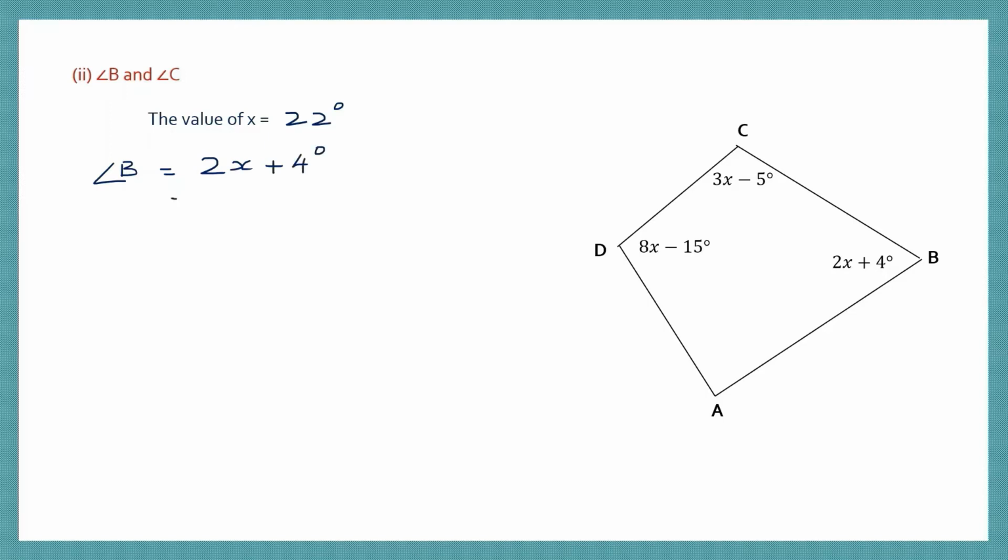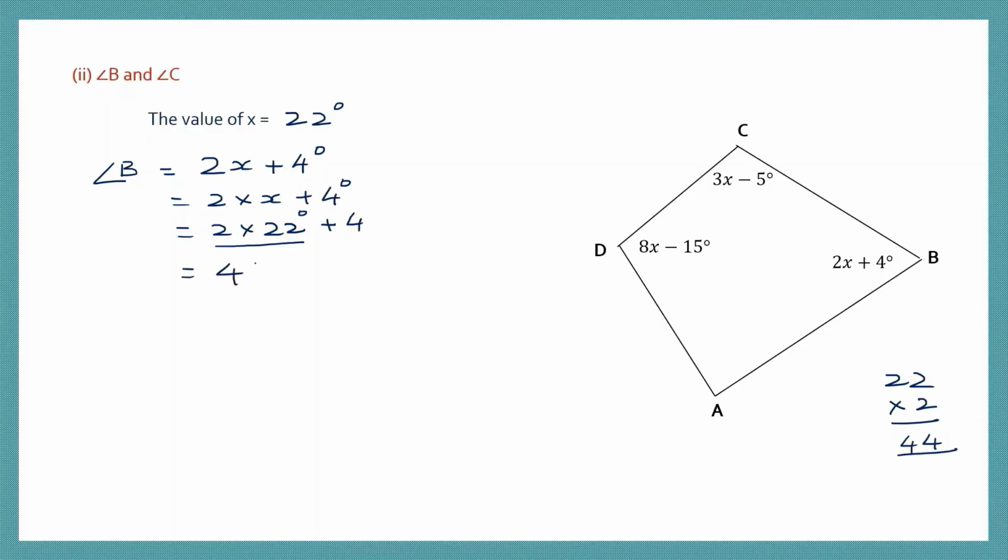So that means 2 into x plus 4 degrees, which is 2 into 22 degrees plus 4. So let's multiply 22 into 2. 2 twos are 4, 2 twos are 4. We have 44. So this is 44 degrees plus 4 degrees, which is 48 degrees.